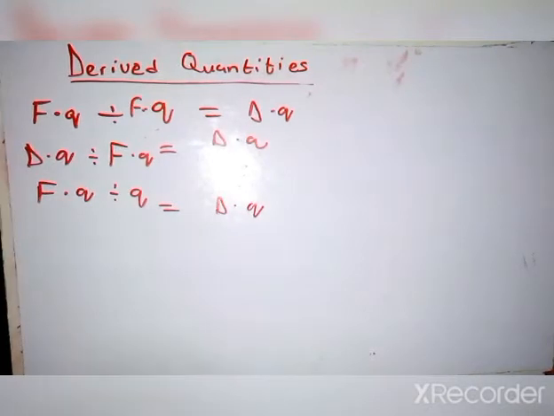So a derived quantity can be obtained by either multiplying or dividing two or more fundamental quantities, one fundamental quantity and one derived quantity, or two or more derived quantities.